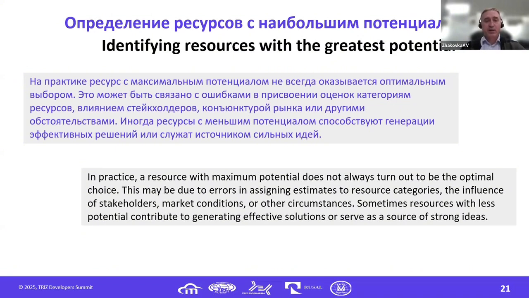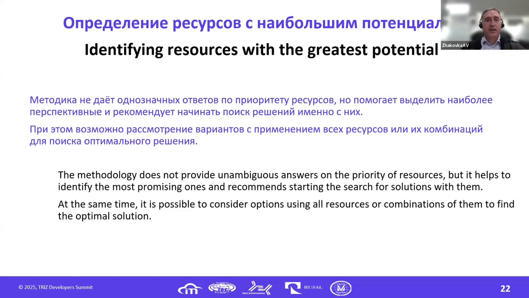Sometimes resources with less potential contribute to generating effective solutions or serve as a source of strong ideas. The methodology does not provide unambiguous answers on the priority of resources, but it helps to identify the most promising ones. At the same time, it is possible to consider options using combinations of all resources to find the optimum solution, the best solution.